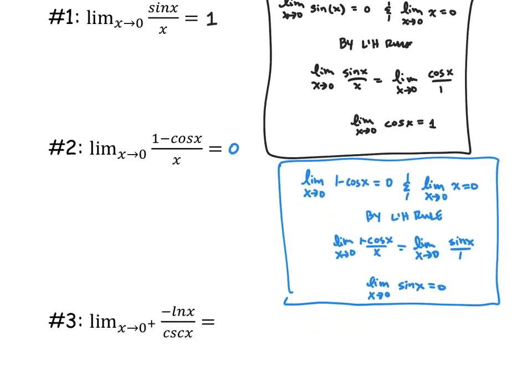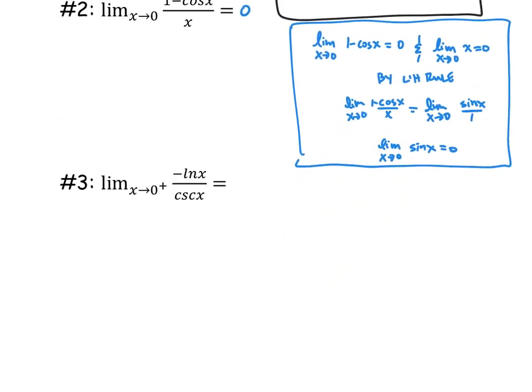Okay, let's look at a more complicated example. Why do I have x approaches 0 from the right? Well, that's because the natural log does not exist to the left of 0 or at 0. It's just a technicality with that function.